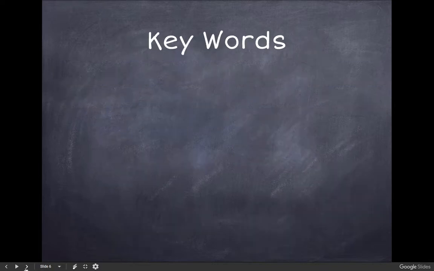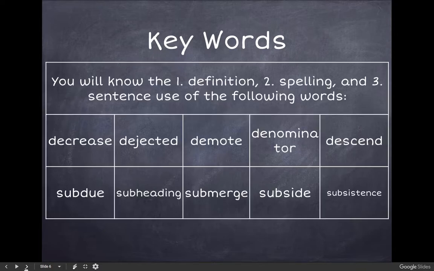All right, key words. Please say these after me so you can hear how they are pronounced. First of all, know that you will know the definition, the spelling, and how to use the words in a sentence for these following words.